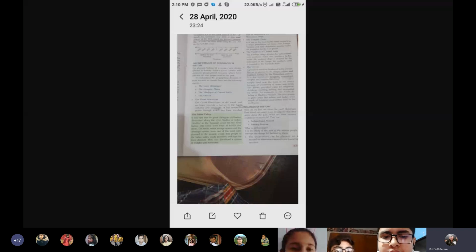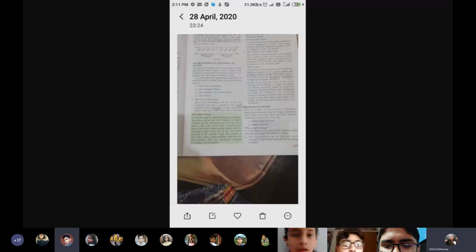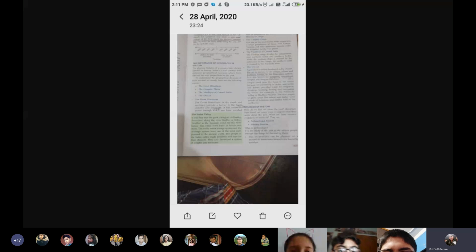When we talk of the northern Himalayas, we say the Great Himalayas in the north and northeast provide it has mountain passes through which men have traveled in search of livelihood or to escape natural disasters. The Garo, Khasi, and Jaintia hills of Meghalaya are an extension of the Himalayan range. So here they are telling you the geography of a place helps in studying history.